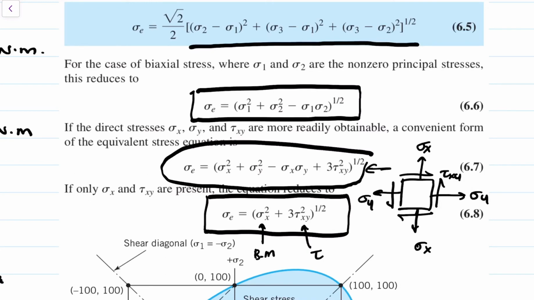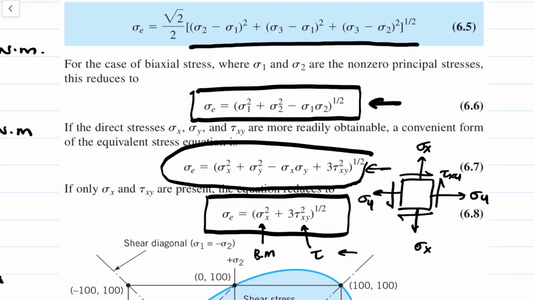And my advice is, if the question gives you sigma x and tau xy, use those values to calculate your equivalent energy. Because if you try to plot the Mohr circle, and if the numbers go wrong there, and you end up using equation 6.6, then you're going to make more mistakes, right? It's going to propagate and affect your factor of safety as well.